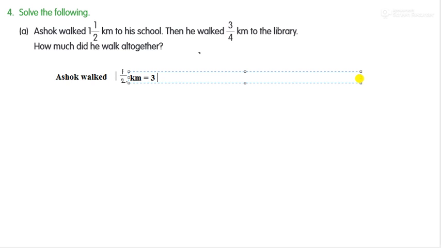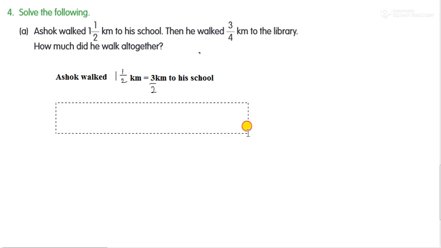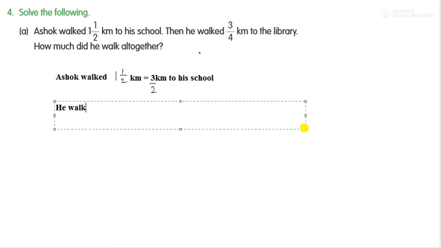So 3 by 2 kilometer to his school. Again he also walked 3 by 4 kilometer to the library.